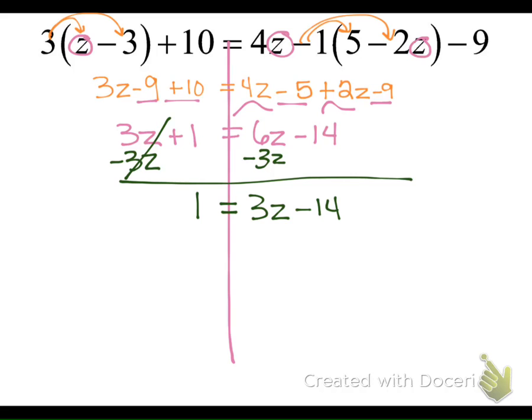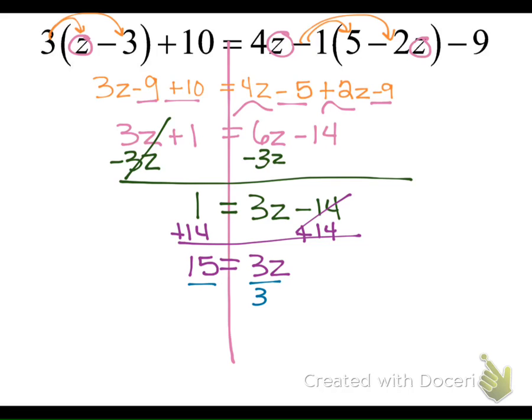Solve as usual. So positive 14 on both sides, which will be 15 on the left, equals 3z. Then divide by 3 on both sides. 5 equals z.